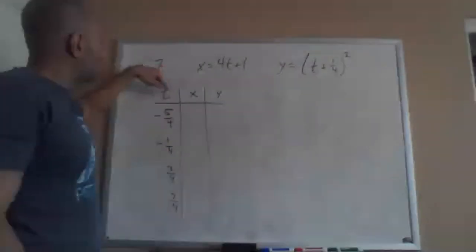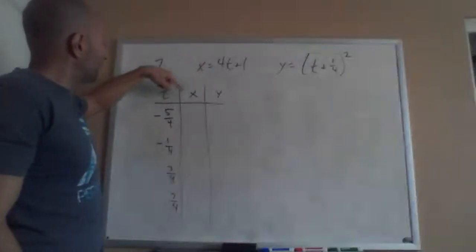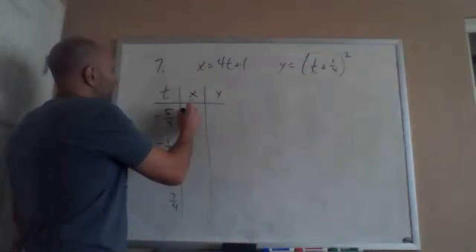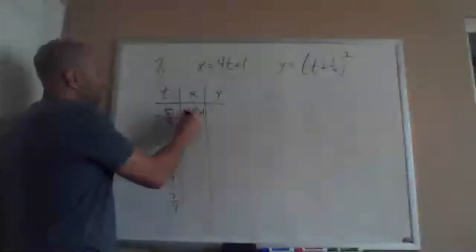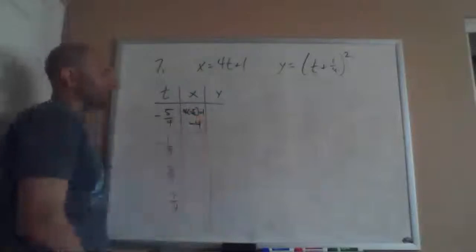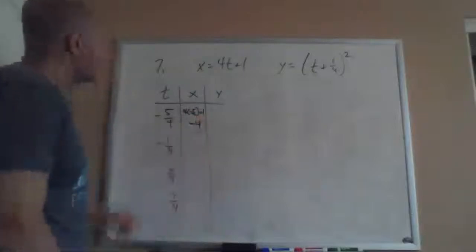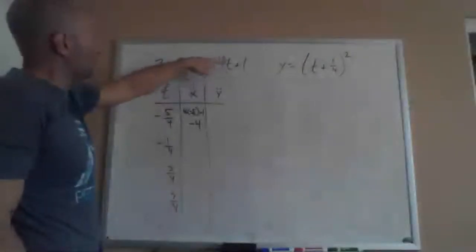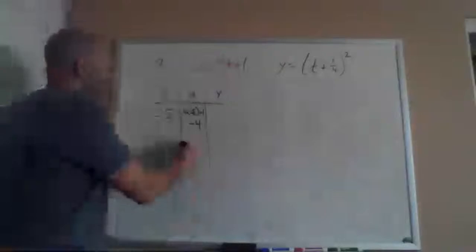So for x, if we plug this in here, plug in -5/4. So I have 4 times -5/4 plus 1. So the 4's cancel out. -5 plus 1 is -4. If I plug in -1/4, again, the 4's cancel out. This becomes -1. -1 plus 1 is 0.